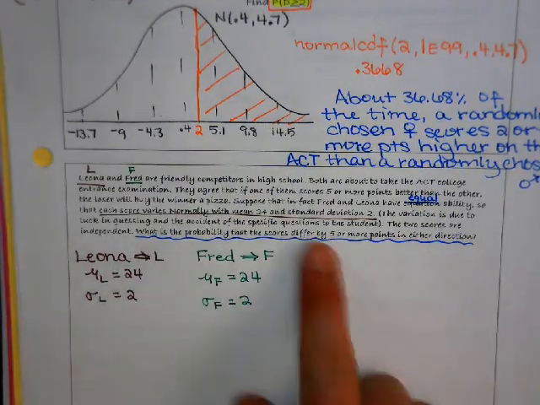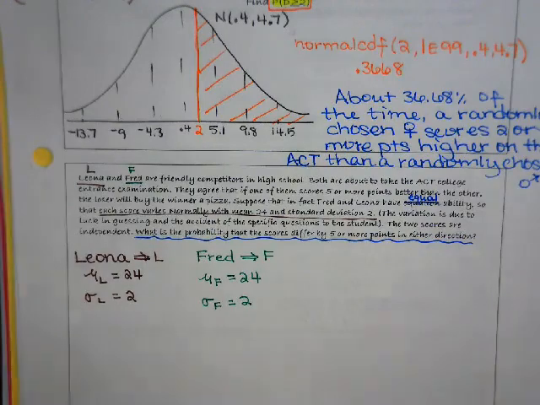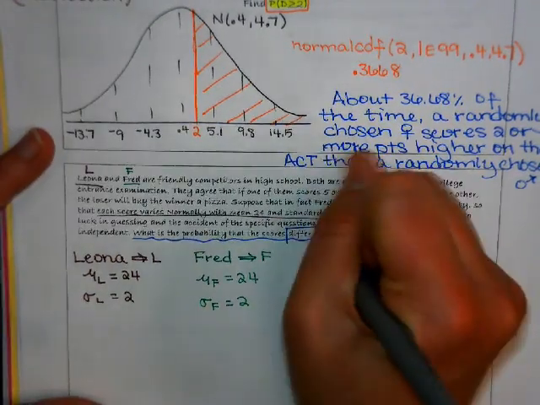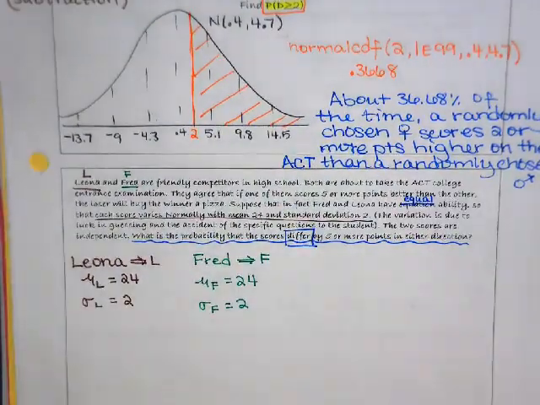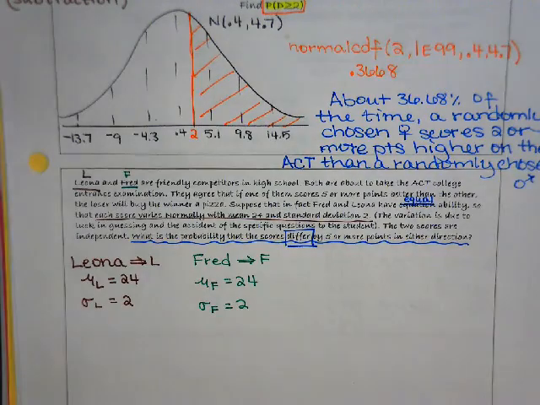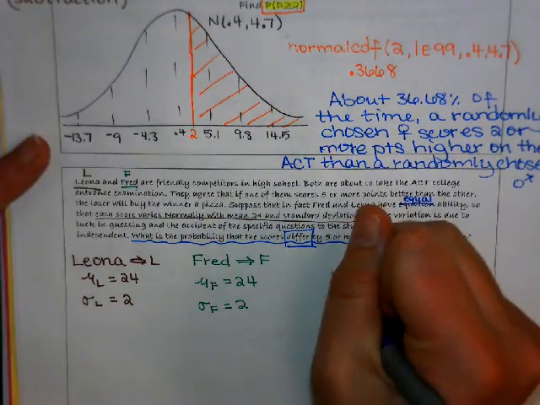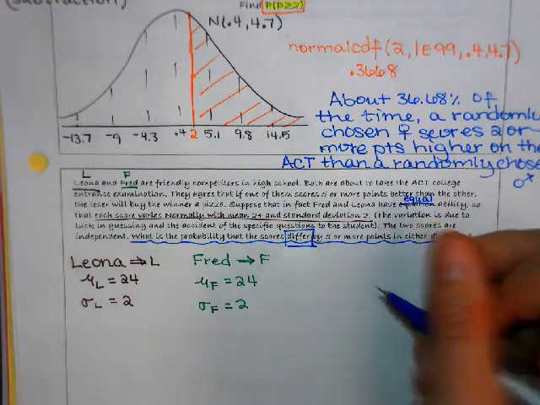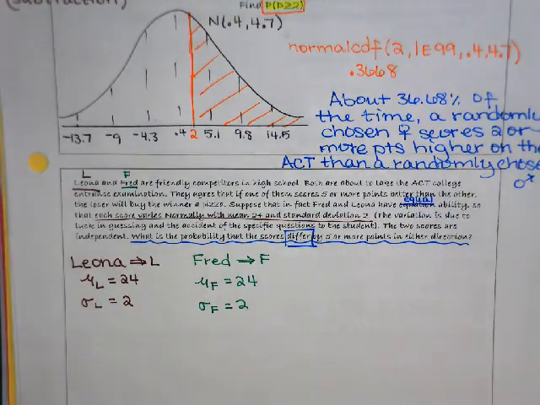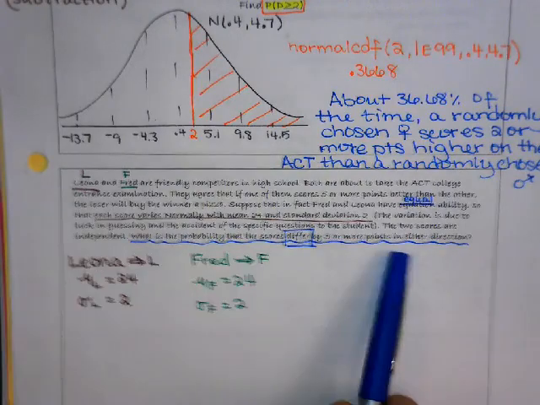Does it matter if I do Leona minus Fred or Fred minus Leona? No, because we're looking at 5 or more points in either direction. So, you want to do Leona minus Fred just so that it's in the same order that I wrote L and F.